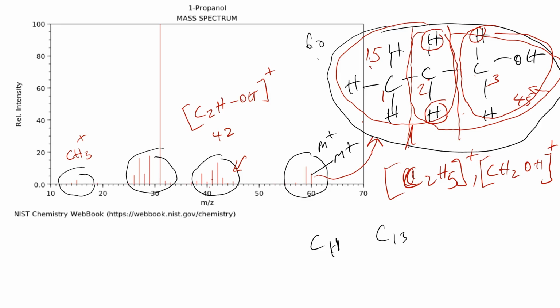So let's look for the value of this carbocation here. CH2OH, that is 12 plus 2 plus 16 plus 1, that is 31. So that corresponds to this base peak at 31. So you can just put the structure here.